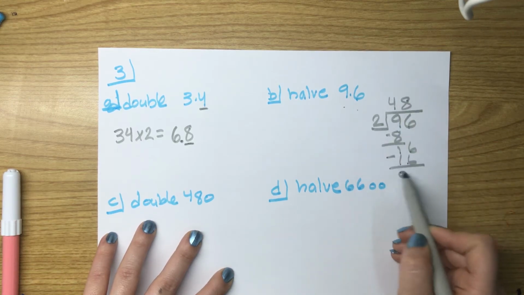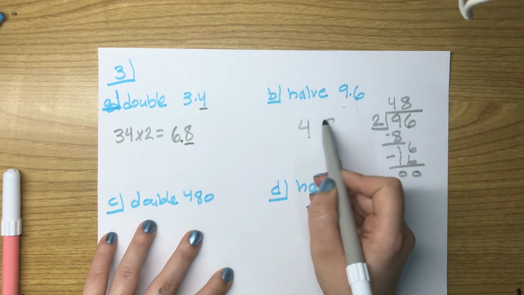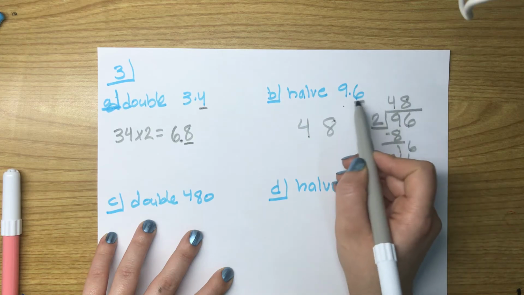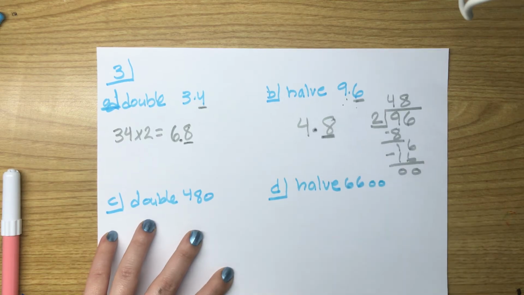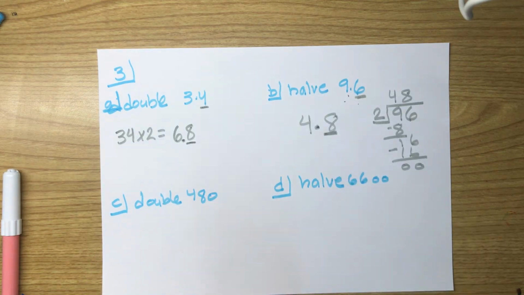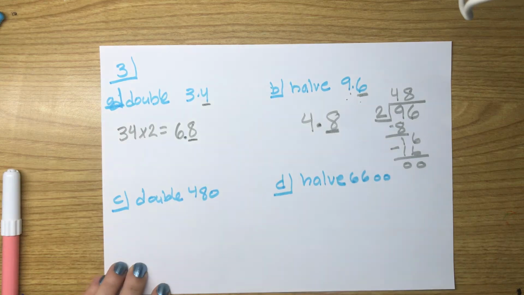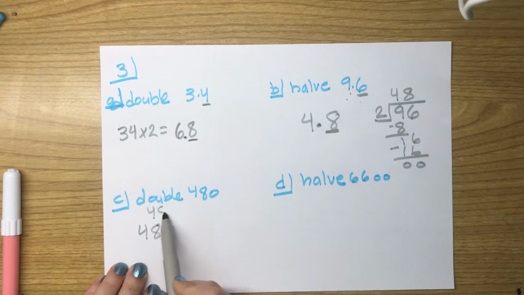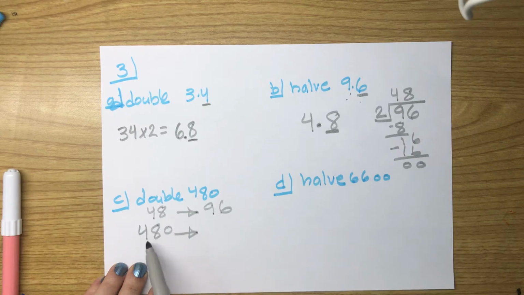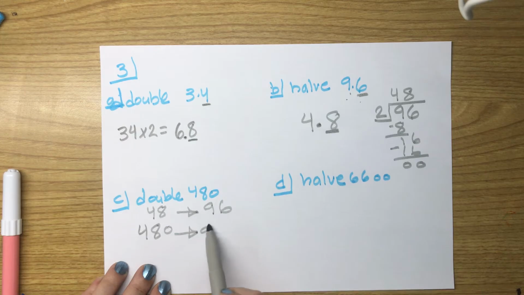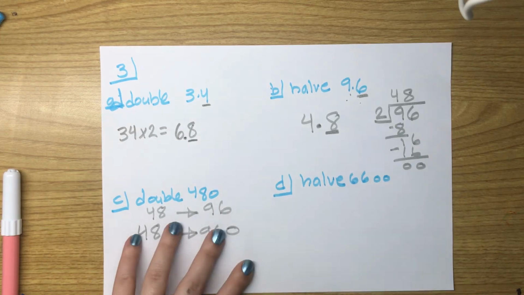So it's not 48, because you have to save the decimal place with that decimal point. So it is 4.8. Doubling 480, that means 480 is the same as 48, and the double of 48 is 96. Then the double of 480 is 960.